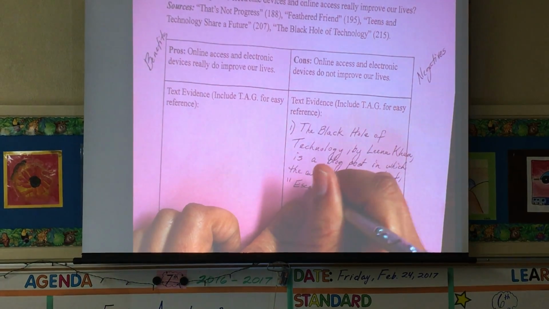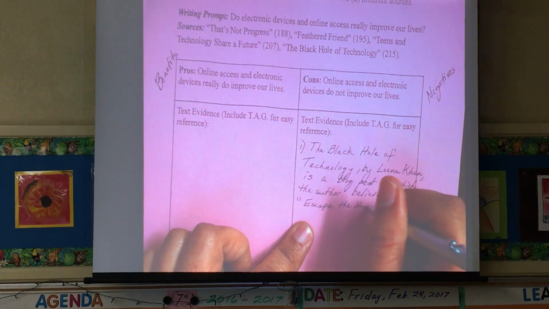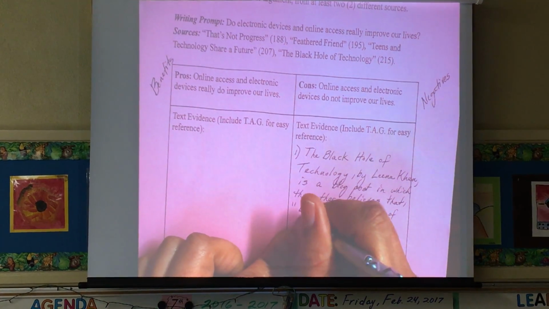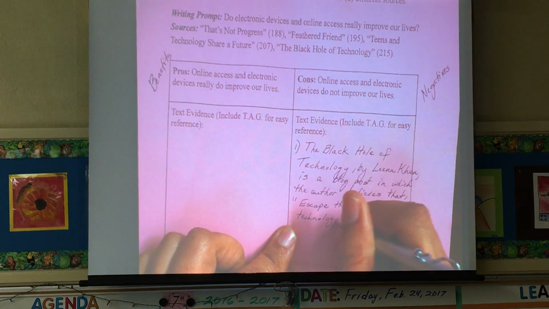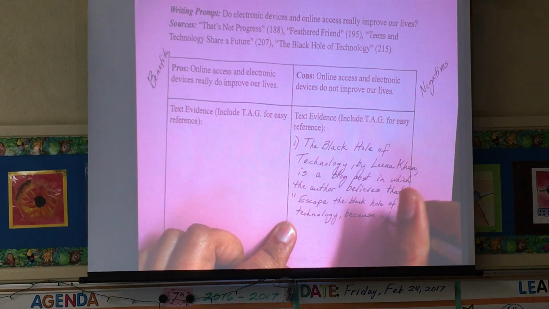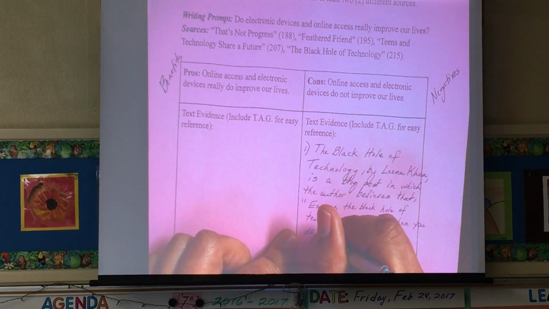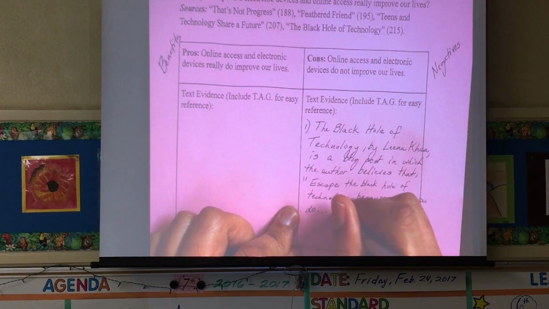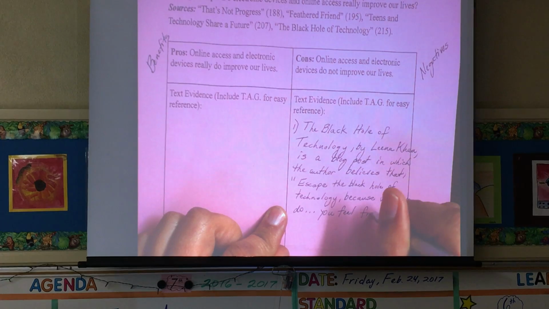"Escape the black hole of technology because when you do," and remember the dot, dot, dot are ellipses, "you feel free."